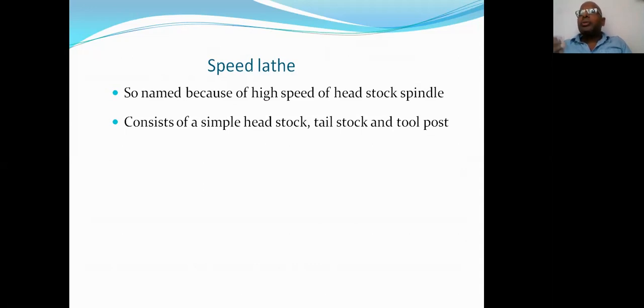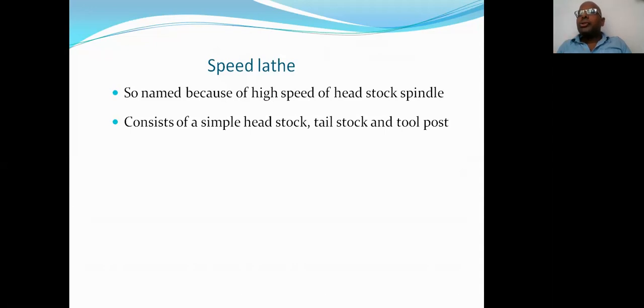It is to support the rotating job. In some cases the size of the job may be small, but the length may be large. If the L by D ratio is more than 4, then what happens? Bending of the component during rotation at high speed may take place. Listen carefully.